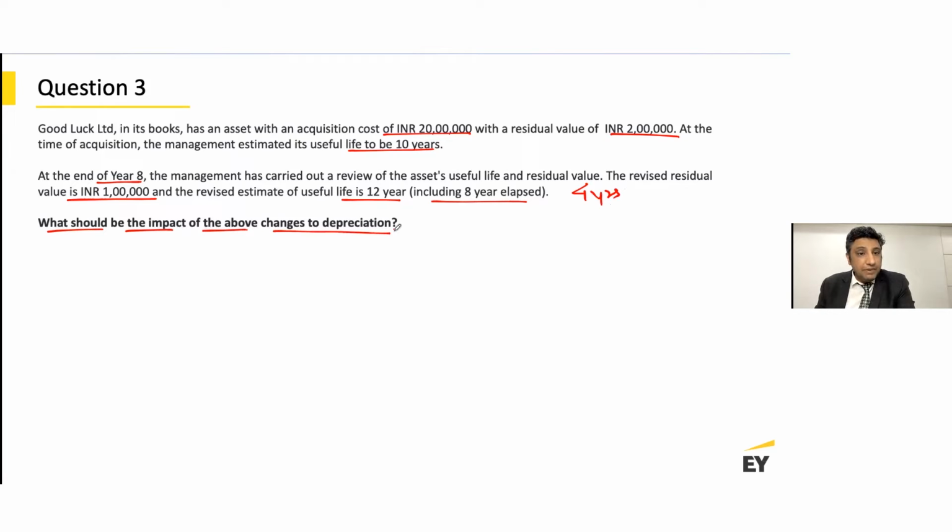Now, you would like to remember here, the moment we hear the term depreciation, we start talking about what is the depreciable component of that asset? Okay, we are given this.